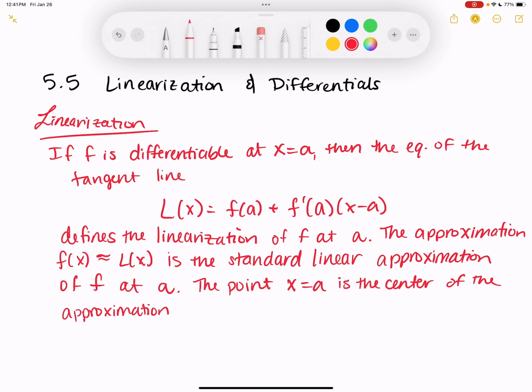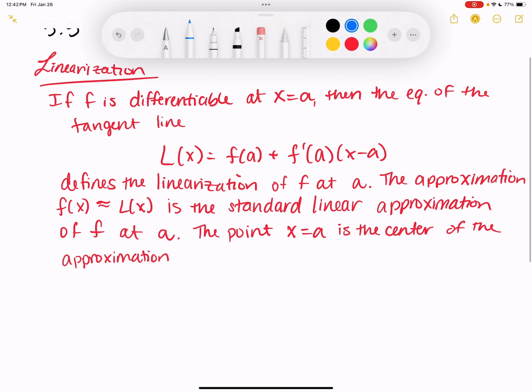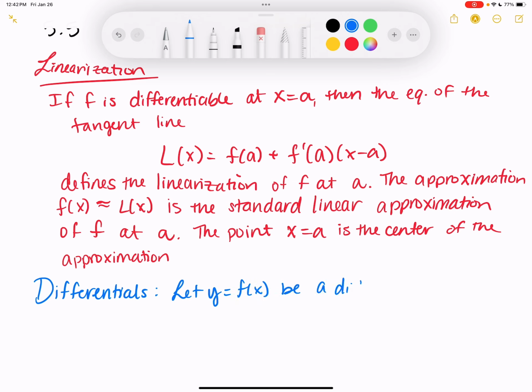Okay, then the other part of this section is differentials. Let y equal f of x be a differentiable function.